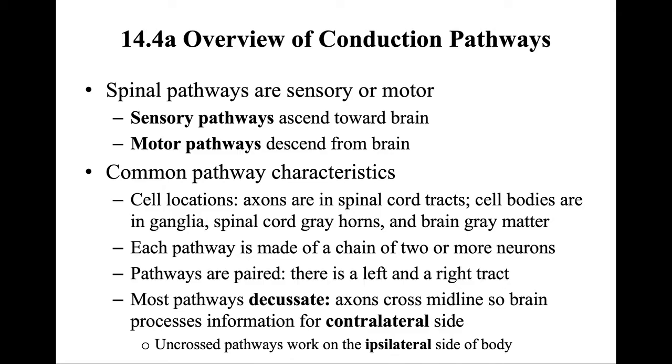So sensory is afferent, up to the brain. What was motor? Motor was down or descending. We call that efferent, with an E. So motor was efferent, from the brain down the spinal cord. So it is information previously discussed in Chapter 12.